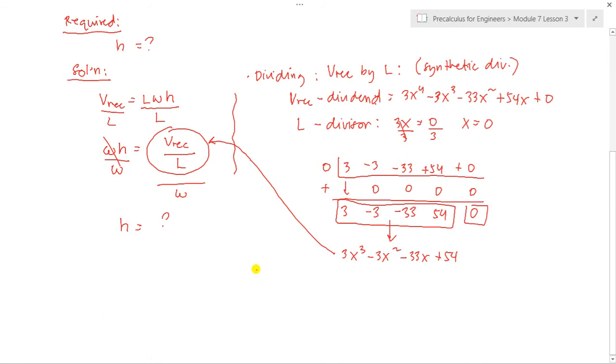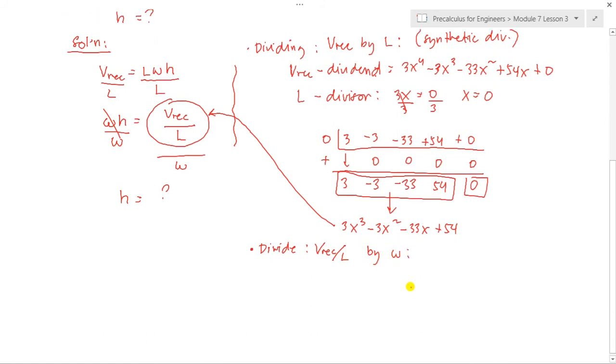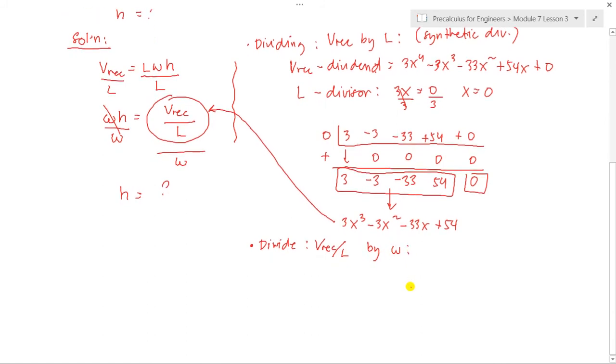Second, divide V rec over L by W, using synthetic division again. What is V rec over L? That is 3x cubed minus 3x squared minus 33x plus 54.